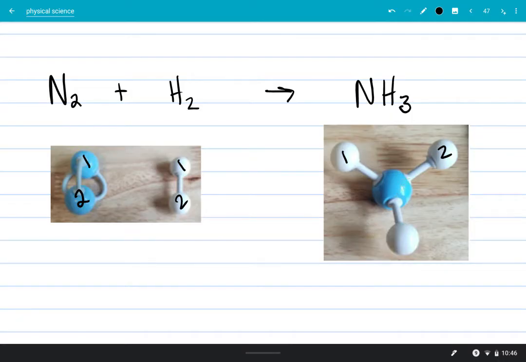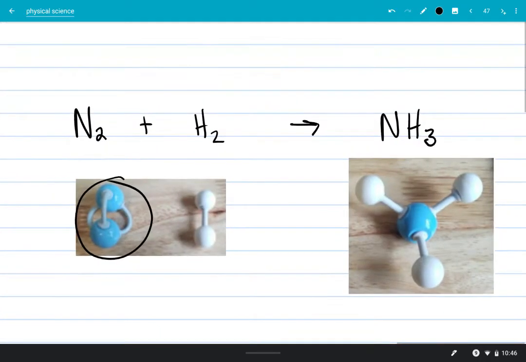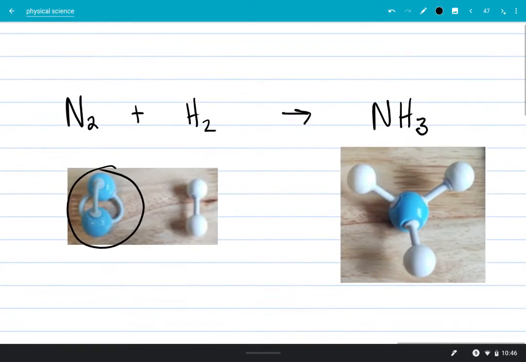So let's start out thinking through this in order to balance it. If we are going to have these 2 molecules or 2 atoms of nitrogen within 1 molecule, we're going to be able to make 2 molecules of this.